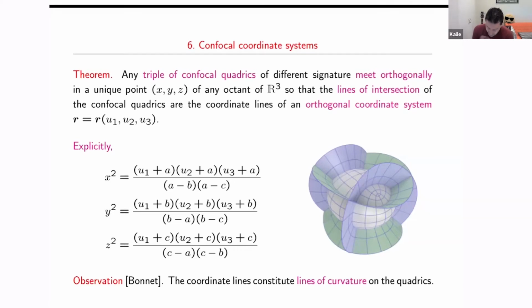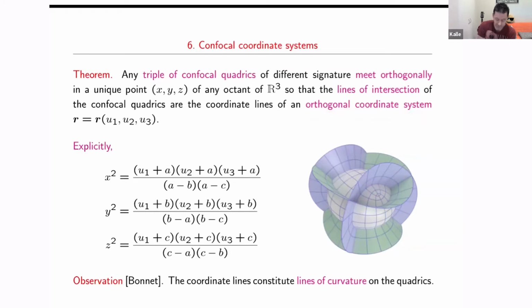If you take a point in space, then there are three unique confocal quadrics passing through this point, one of each of those three families, right? And also those quadrics actually meet orthogonally. So that means that those lines of intersection of those quadrics actually are the coordinate lines of an orthogonal coordinate system.